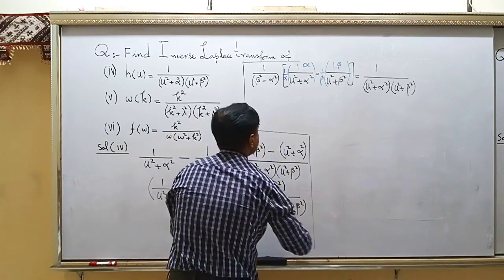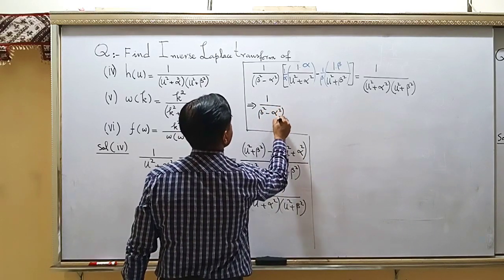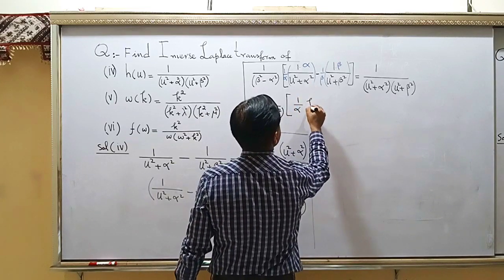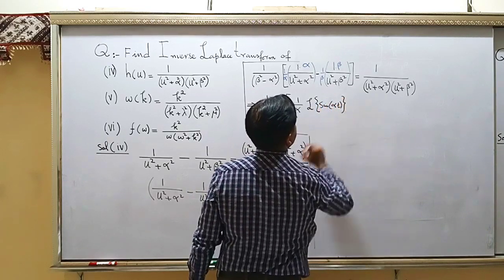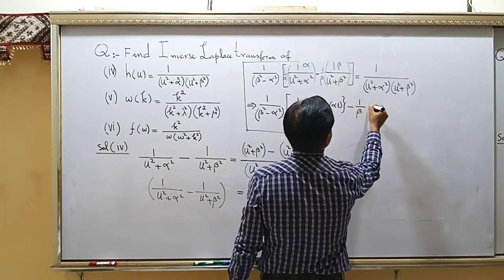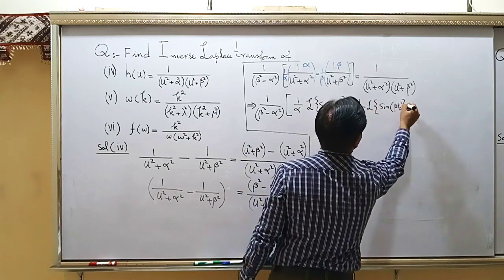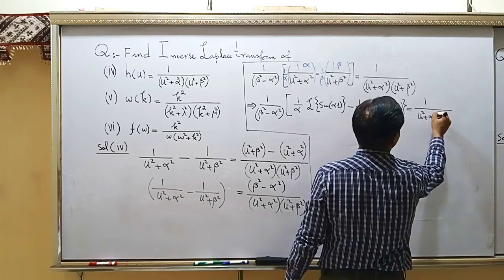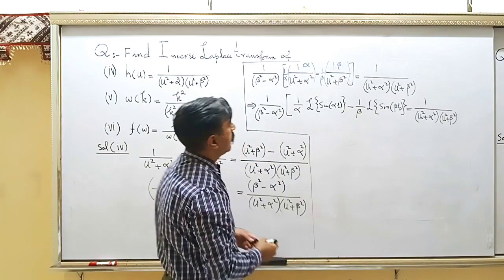use this. This implies 1 over beta square minus alpha square into 1 over alpha, and this one is the Laplace transform of sine alpha t, minus this 1 over beta, and within the blue brackets this is Laplace transform of sine of beta t, and the right hand side is same, no change in it, u square plus alpha square, u square plus beta square, right?